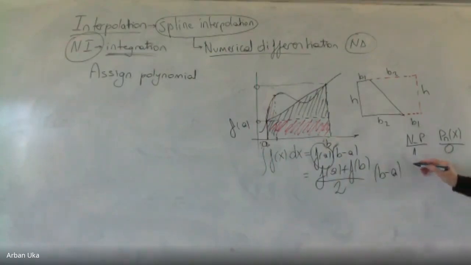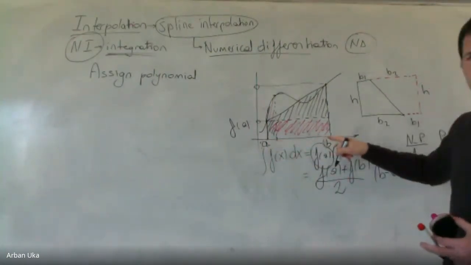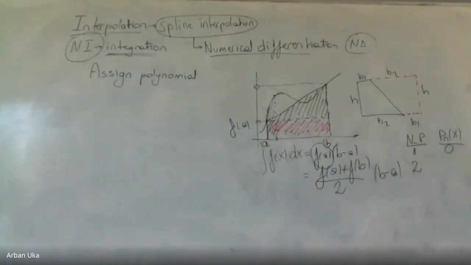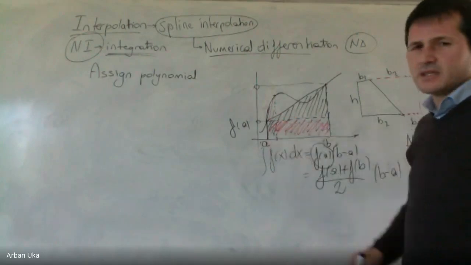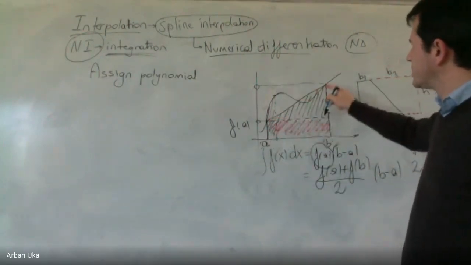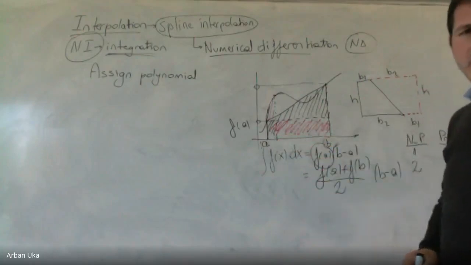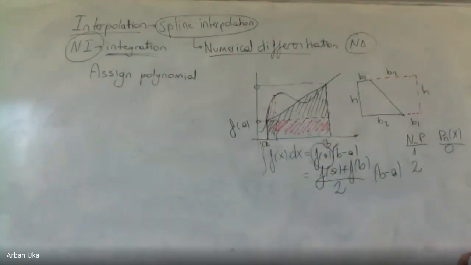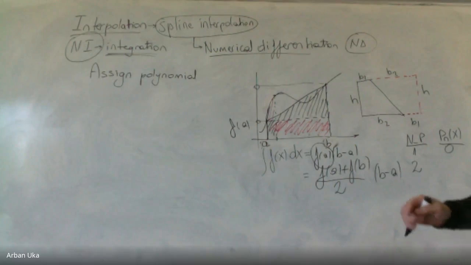We used 2 points, point A and point B. With 2 points, the polynomial we come up with is linear, because the line joining these 2 endpoints, A and B, is of the first degree. We know that with a first degree polynomial we can draw a straight line. So here we have a polynomial of the first order.